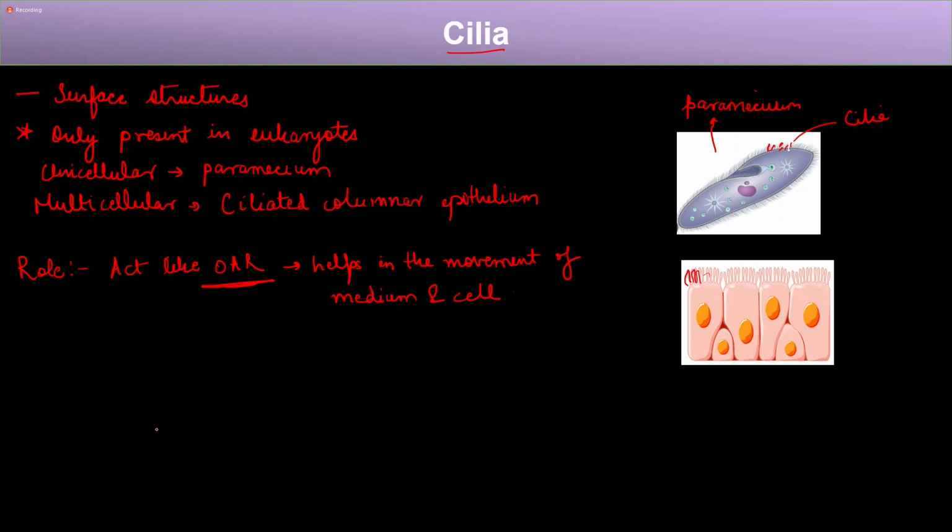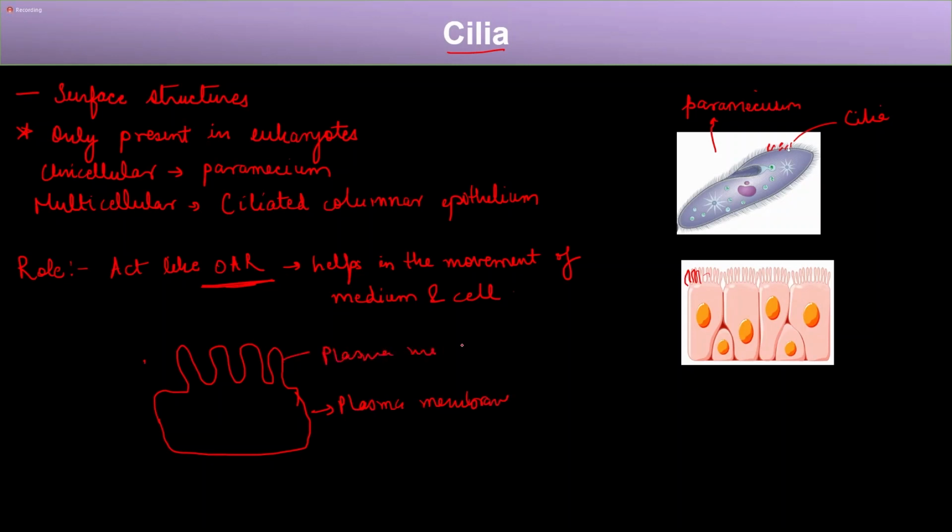Okay. So if we draw this epithelial cell, the structure will be something like this. And this is the plasma membrane. The outer structure is the plasma membrane, and this is also an extension of the plasma membrane.